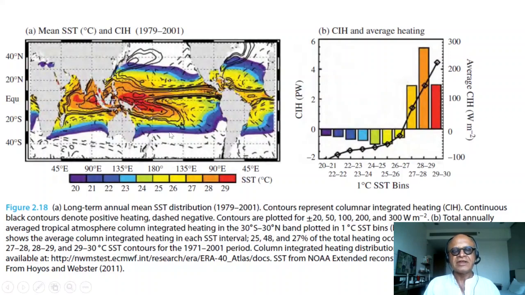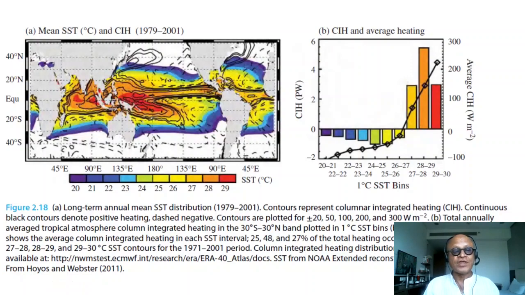The integrated heating in each SST level here is 25, 48, and 27% of the total heating that occurs between those sea surface temperature bands, 27 to 28, 28 to 29, and 29 to 30 degrees centigrade contours. This is averaged over the period of 1971 to 2001.